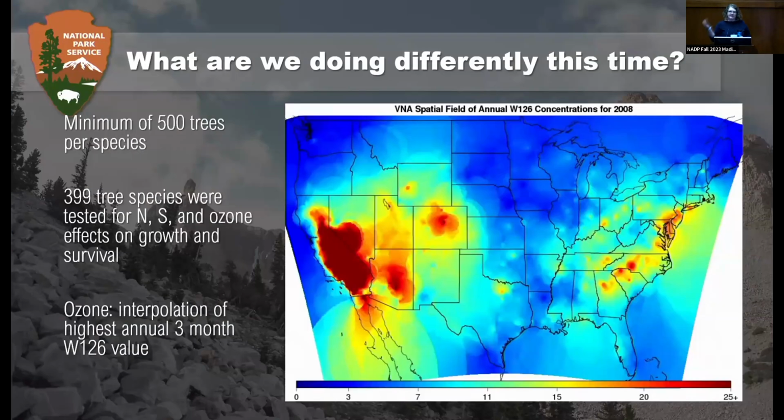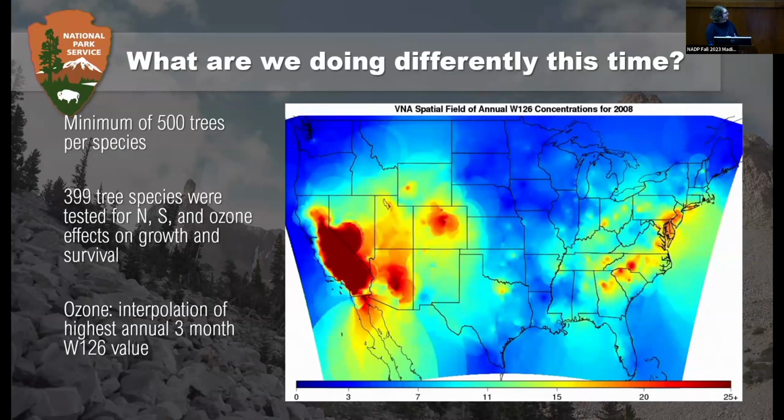So we are reanalyzing that Forest Service data. We're expanding the number of trees, species, by relaxing our requirement for how many trees are included to 500 trees per species. And we're adding ozone, so we're testing again for nitrogen and sulfur as we did before, but also adding ozone.